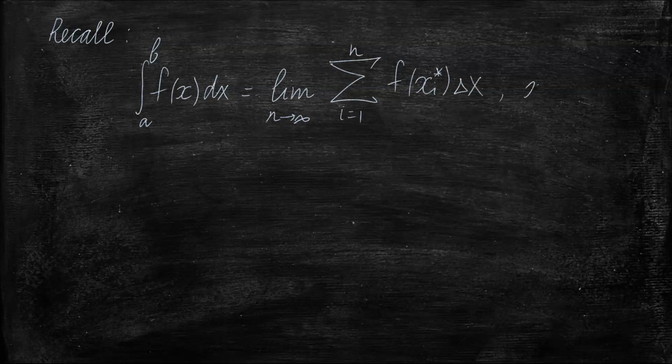And we know that xi star is just some representative from this interval, and we know that the first value is a and the last value is b.